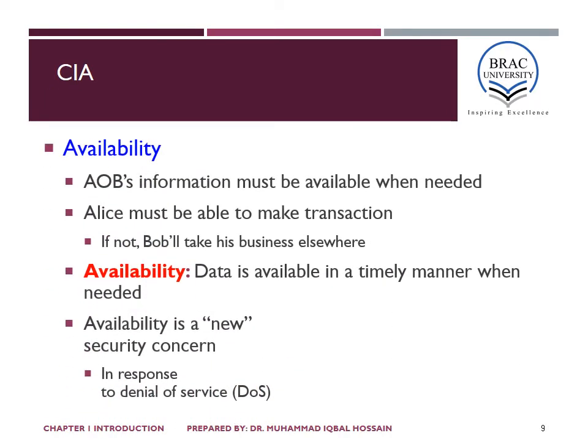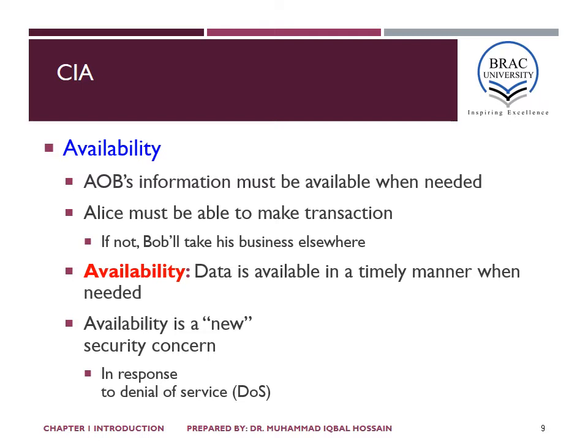And lastly, availability. Availability means the information must be available when needed, like in a day, 24/7, it should be available. For example, Alice must be able to make a transaction.